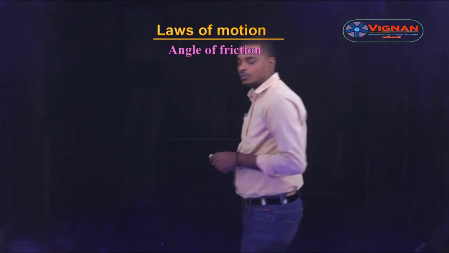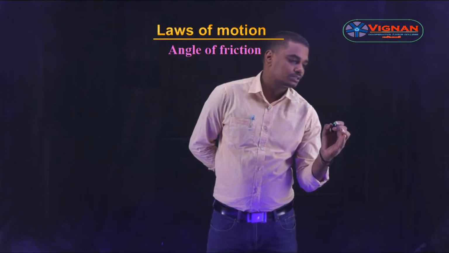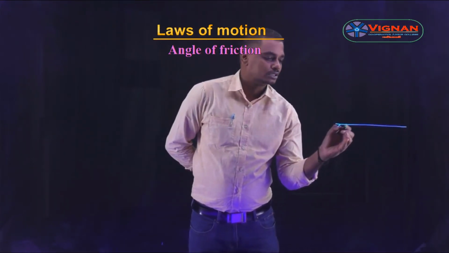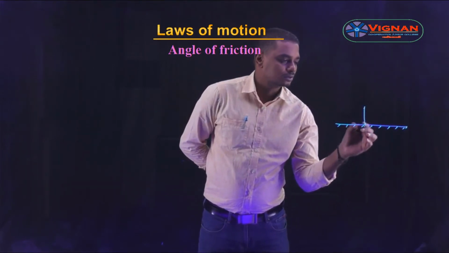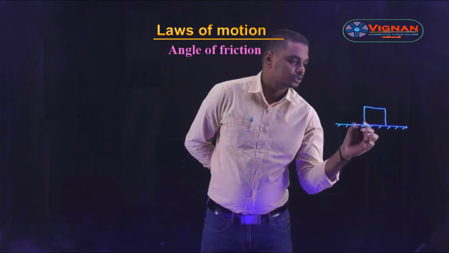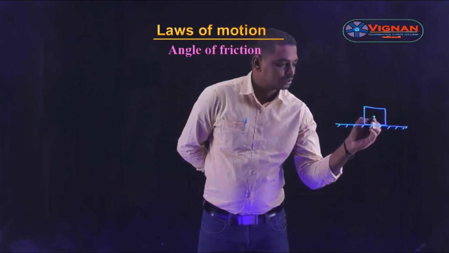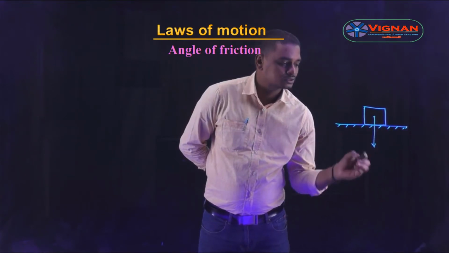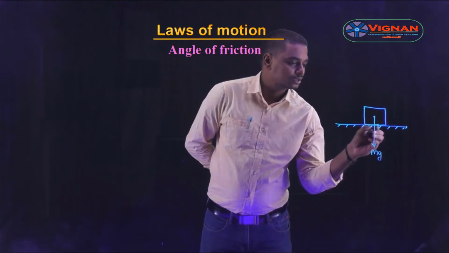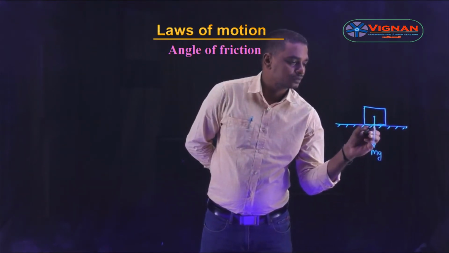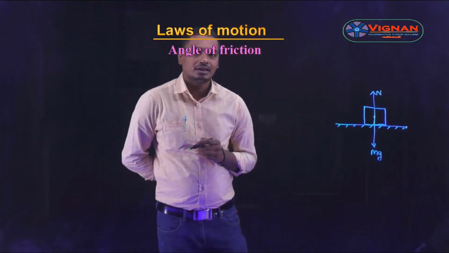To know what is the angle of friction, let us consider a rough horizontal surface on which a block of mass m is placed. The forces acting on this are the weight of the body, which acts vertically downwards and is nothing but mg, and the normal reaction N, which is perpendicular to the surface of contact.